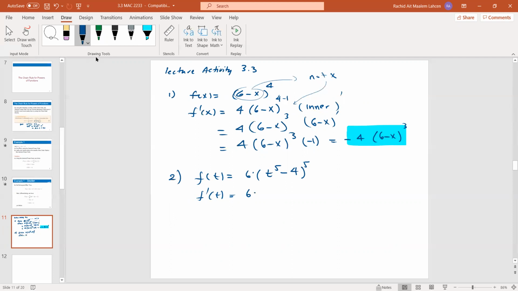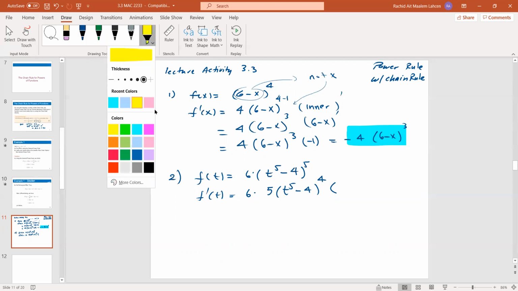Now to do the power rule on this, so this is a power rule with the chain rule, right? So we do 5 times (t to the fifth minus 4) to the fourth, times now the inside.